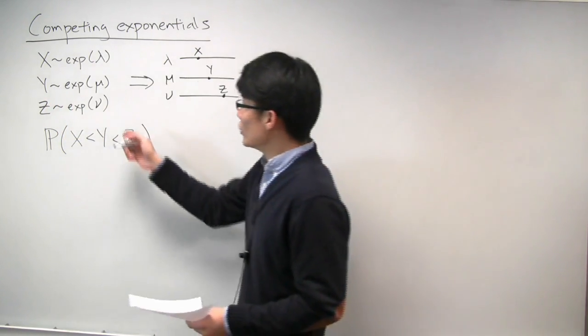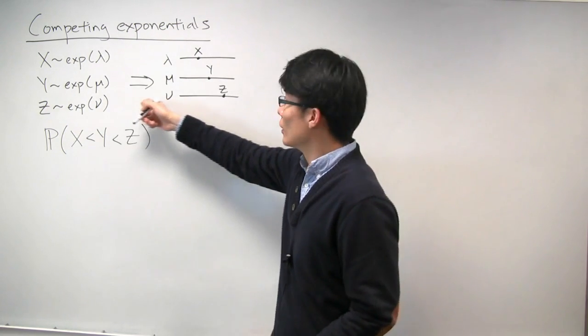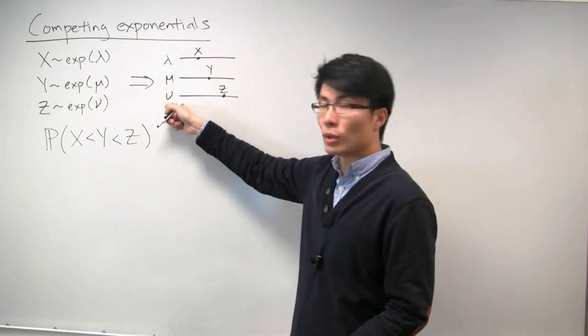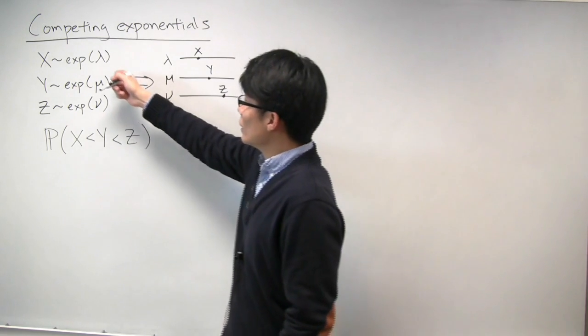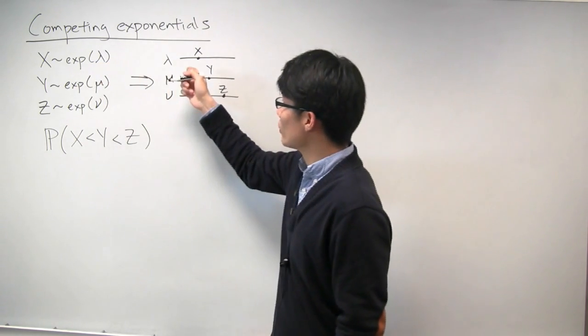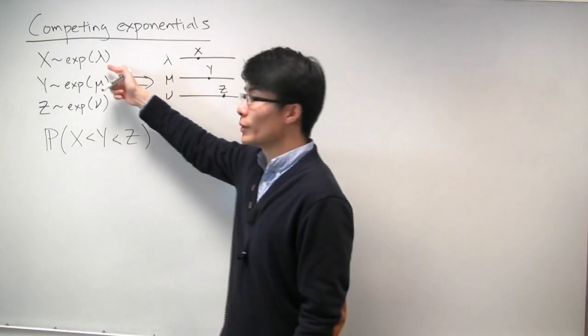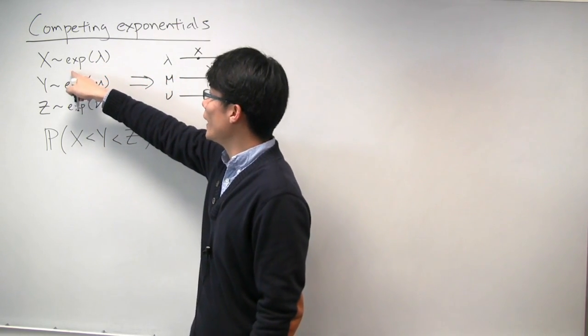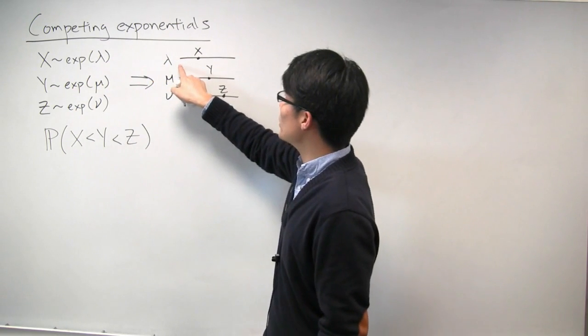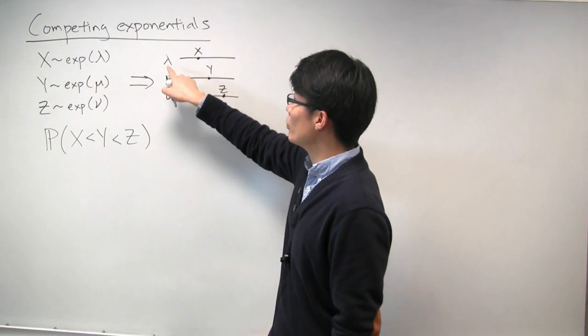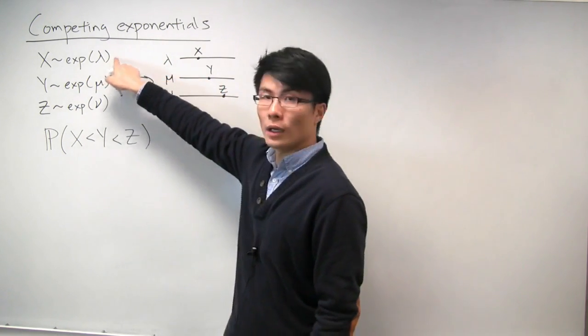Now, we can reinterpret this as three Poisson processes, because the link between exponentials and Poisson processes is that the interarrival times of Poisson processes are exponentially distributed. So you can think of X as the time until the first arrival in a Poisson process with parameter lambda.